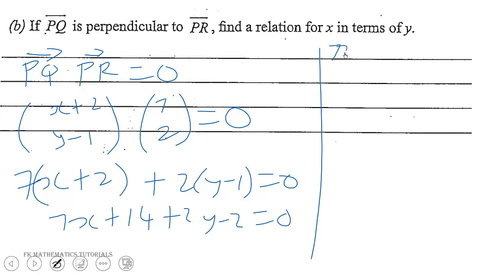So we have 7x, 14 minus 2 is 12, so 7x will be equal to -12 minus 2y. Dividing both sides by 7, you get x equal to -12 minus 2y over 7.